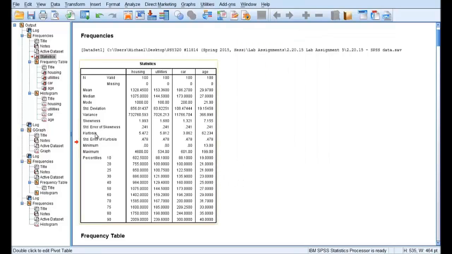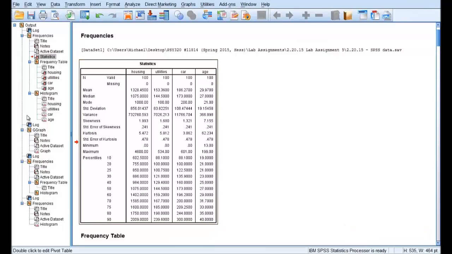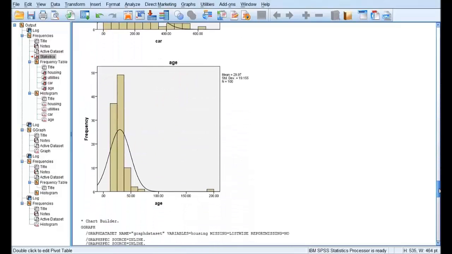So with kurtosis, you can do the same exact process. Kurtosis, as you recall, can either be high or low. High kurtosis is what we got when we did this. This was a really high kurtosis graph.